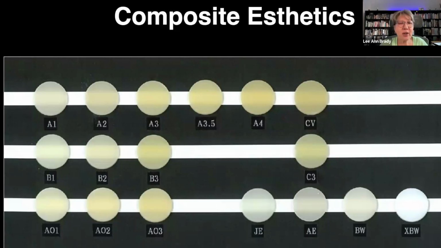If you look at the very bottom row, on the left-hand side are their opaque shades, AO1, AO2, AO3. And I would say those are in the range of the opacity of the dentin in Empress Direct, but maybe a little less opaque. Probably the most opaque composite on this card is actually the bleach, the XBW.